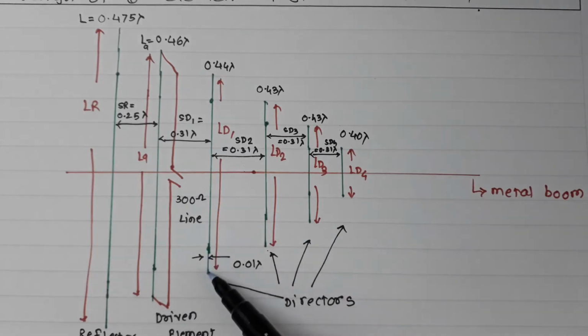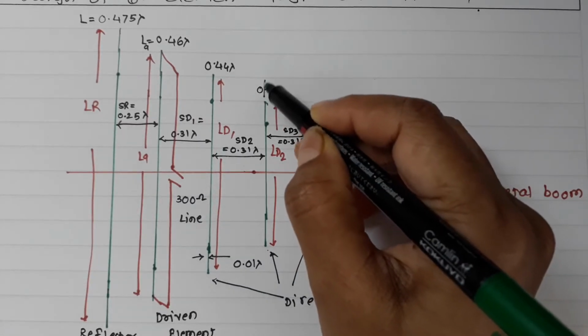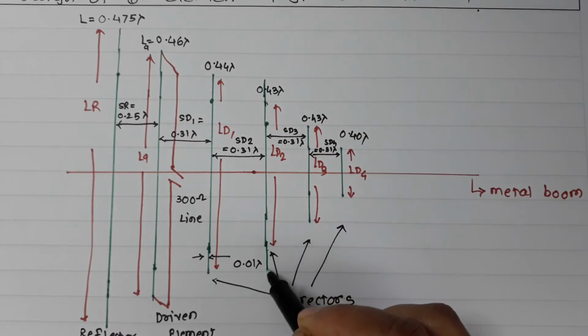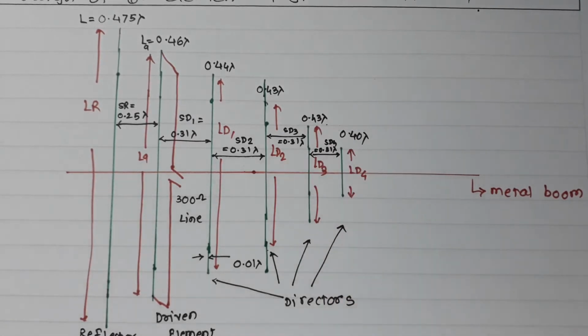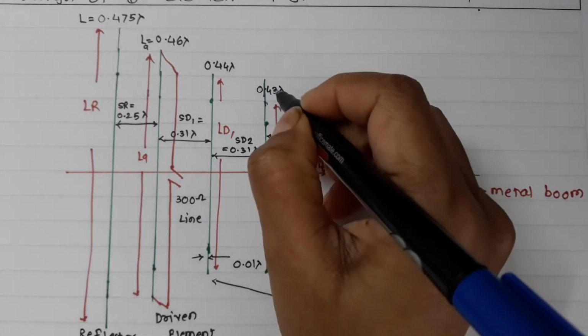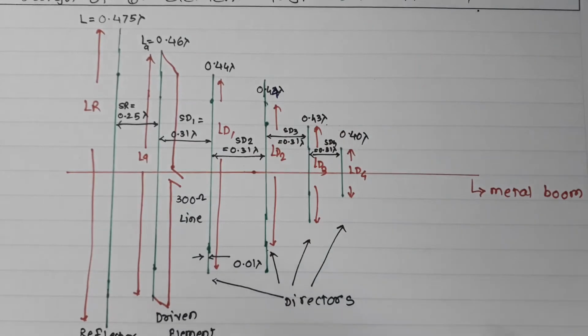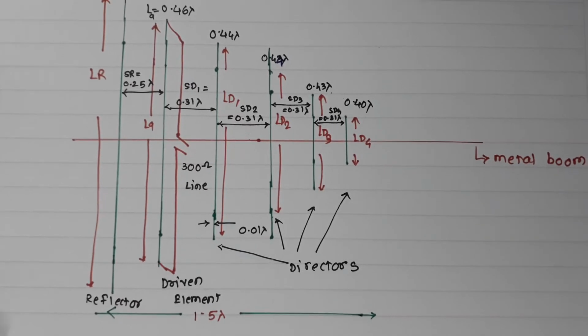Director one is 0.44, and the second director is of the same length, again 0.44 lambda. Your third director will be 0.43 lambda and the fourth will be 0.40 lambda. So the total length, if you add all the lengths, will be 1.5 lambda.